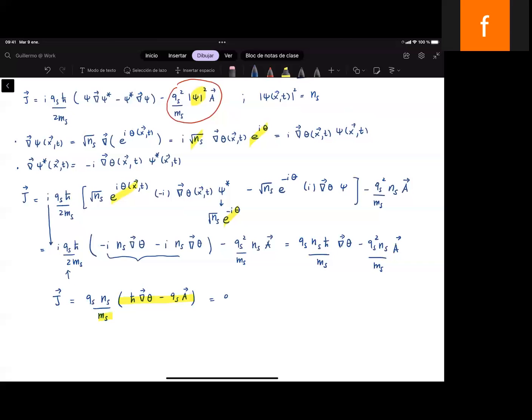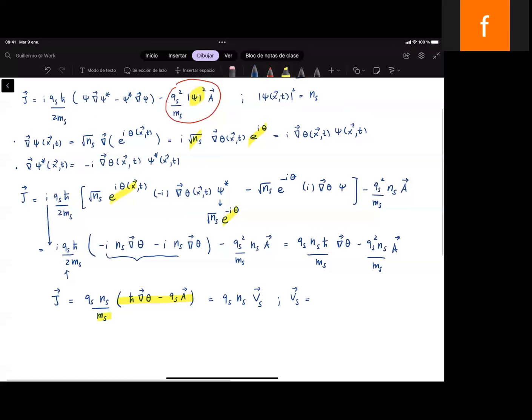This is q_s n_s, and let me put it in this way, much better with the notation, v_s, which is nothing but the superfluid velocity. So this is essentially like you have in your course of electromagnetism: you have a fluid, no?